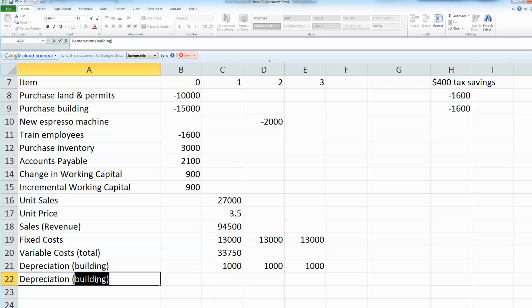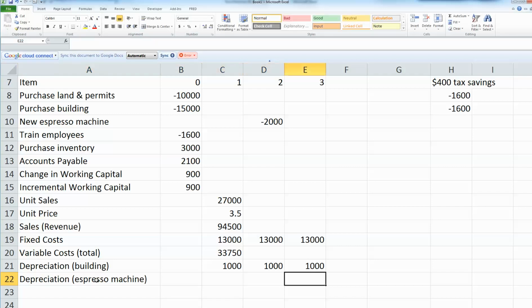So I'm going to go depreciation, espresso machine, and starting in year 3, I am going to write off the cost of $2,000 divided by 4, because I was writing that machine off over 4 years.